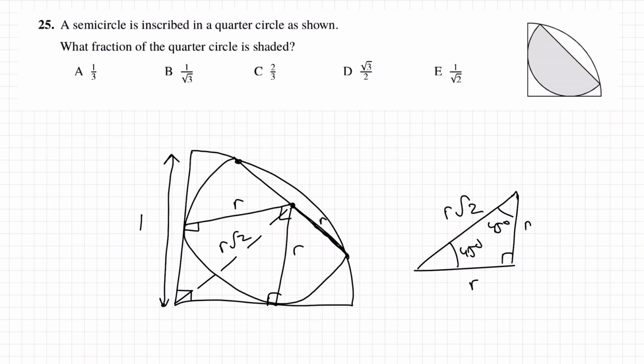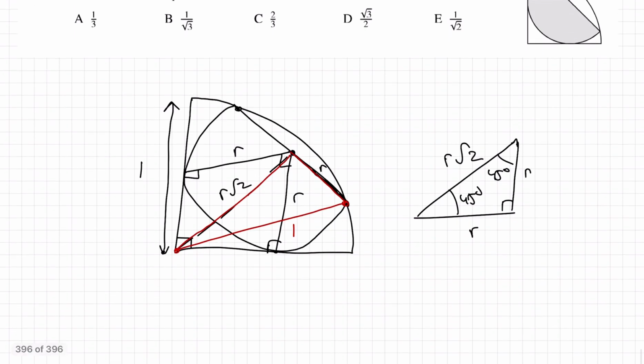So R there. And finally, the last line we need to spot is from the center of the quarter circle to this corner of the semicircle. And since this is also a radius, that's going to be 1. So we're able to form a triangle like so in red.